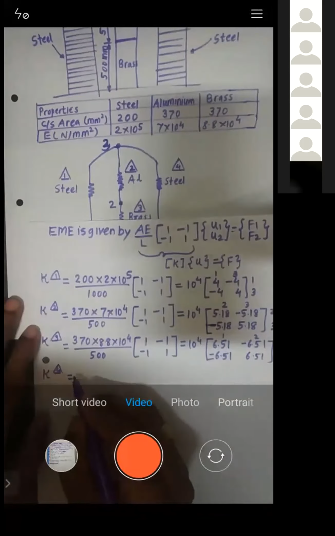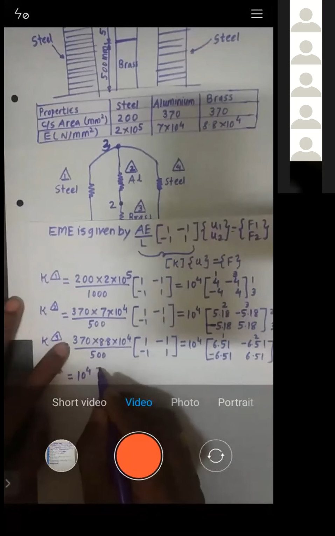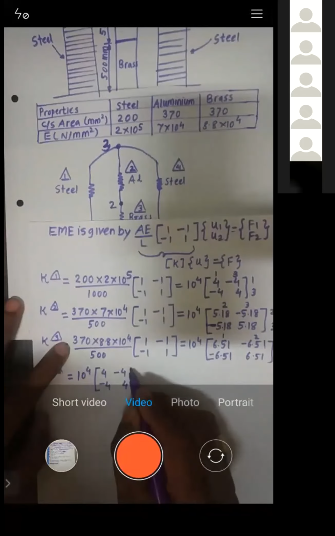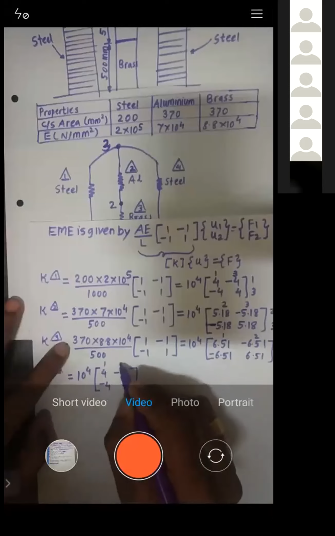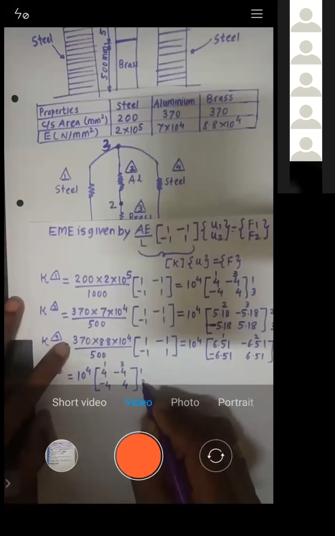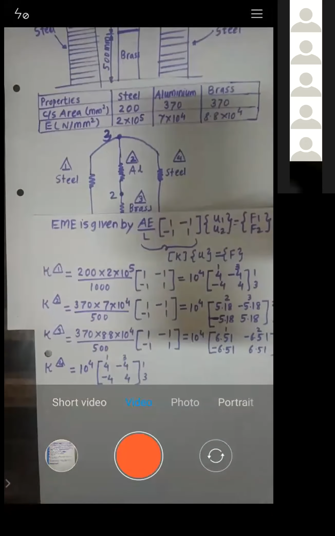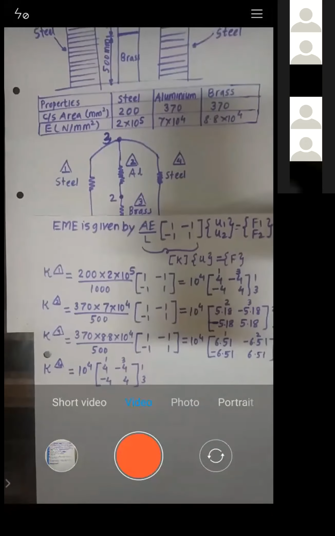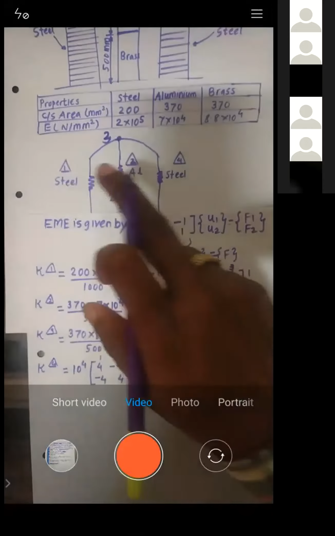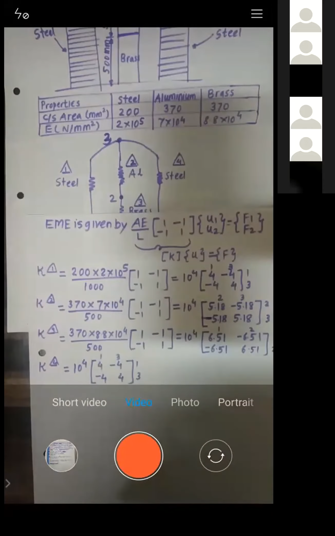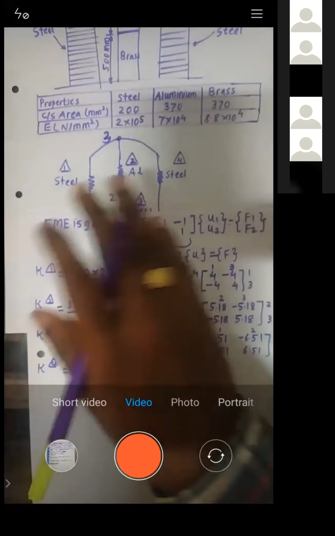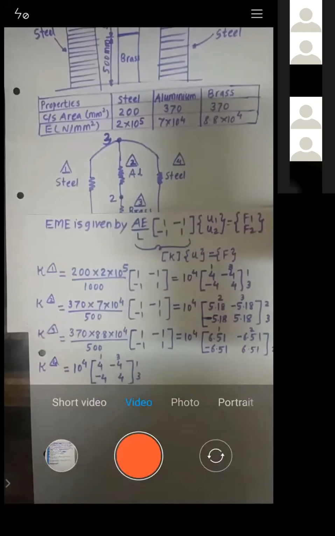So I will directly write down 10 raised to the power 4, 4, minus 4, minus 4, 4, between 1, 3. Is it okay? Yes, sir. Why do this calculation again? You know that it is steel and between the same nodes.